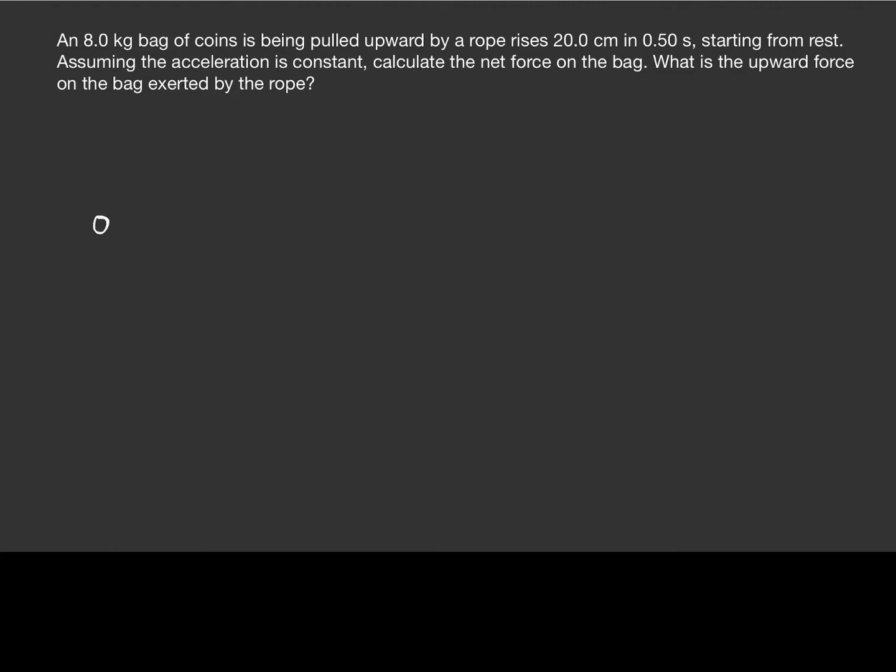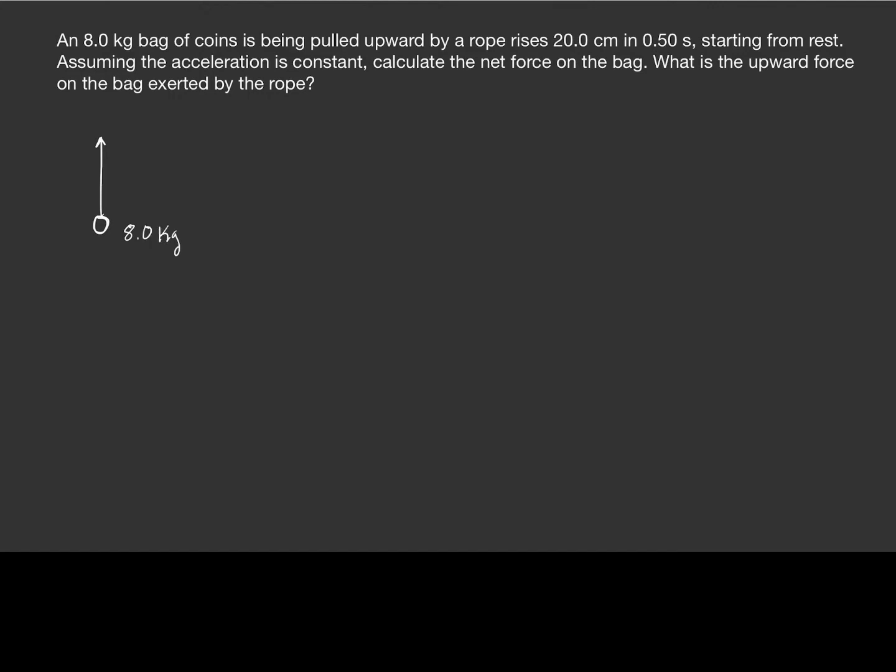So we have a bag of coins being pulled upward. So I'm going to go ahead and draw that. Raise is 20 centimeters. I'm going to draw that a little bit more than that, just to have a good representation. So we have it's 8 kilograms.